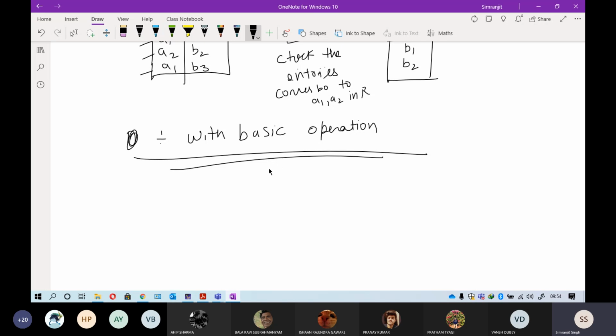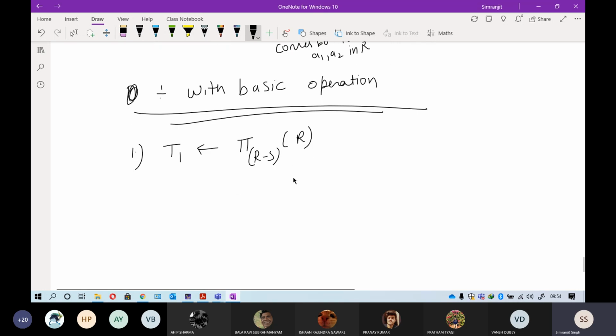So now check here. The first operation that you have to generate is a temporary table T1, and for that T1 you have to use the pi operator. Pi R minus S, again we are minusing the header part. And then you write from relation R. Everything is performed on relation R. So I'll just copy and paste the relation here.